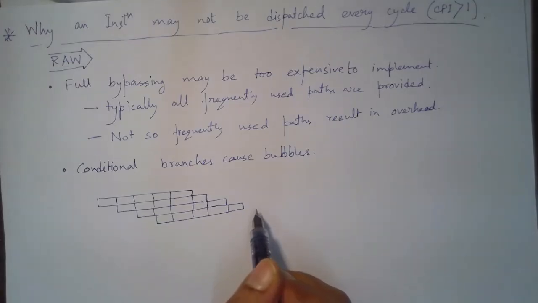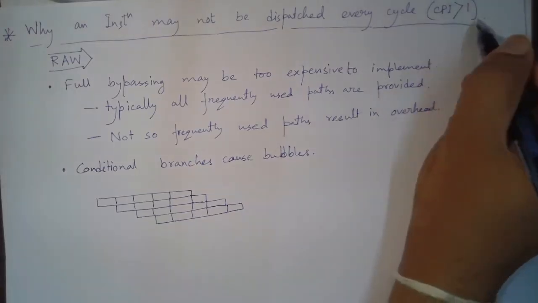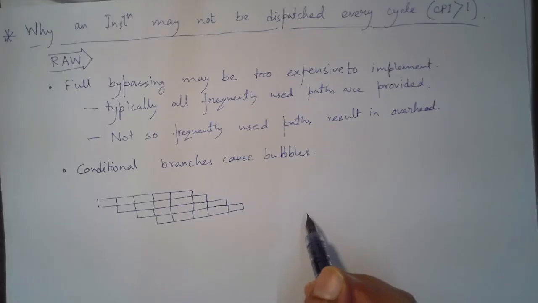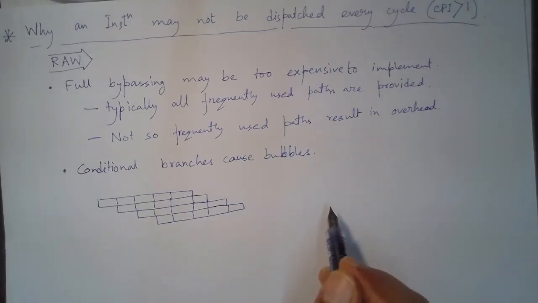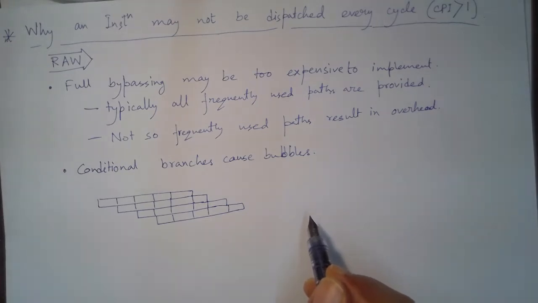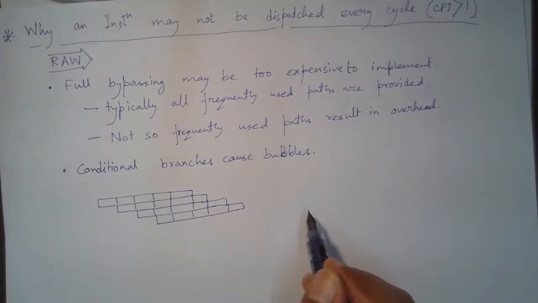And to achieve this CPI of 1, the hardware implementations are modified so that we have superscalar processors, which can sustain a CPI of 1 or less than 1.